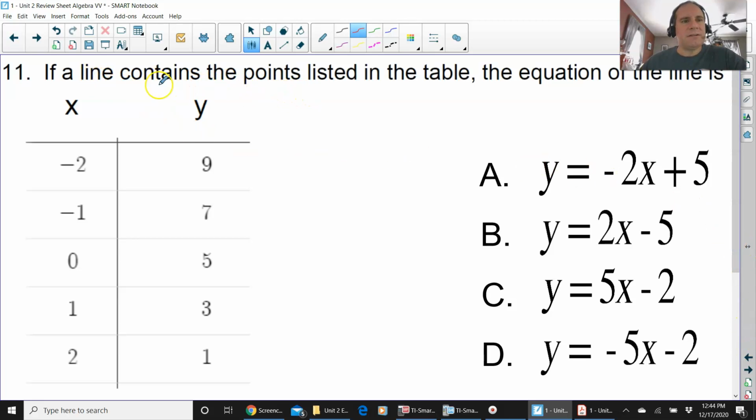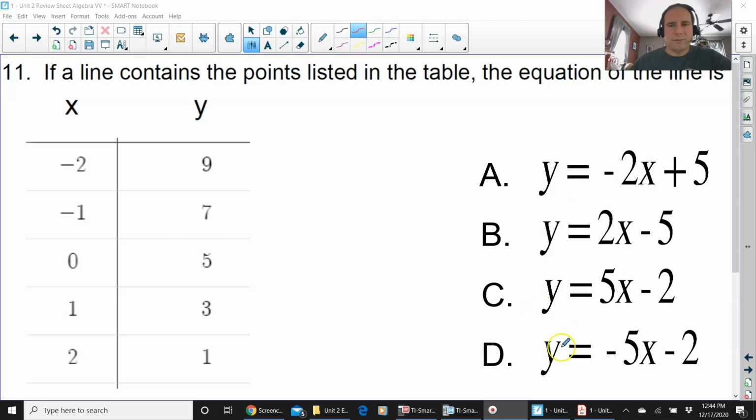If a line contains the points listed in the table, the equation of the line is one of these equations. To get the equation of a line, y equals mx plus b, we need two things: the slope and the y-intercept.